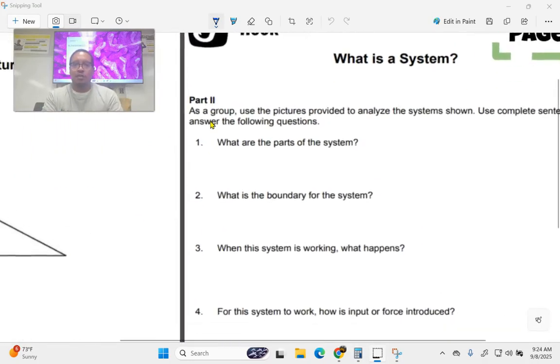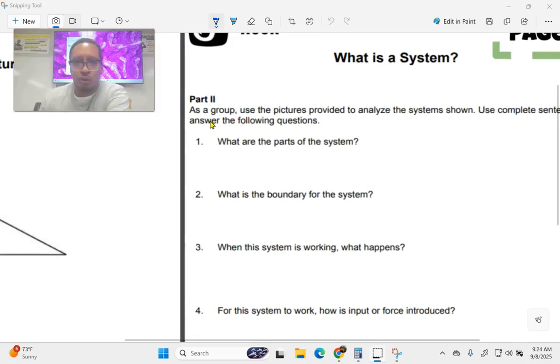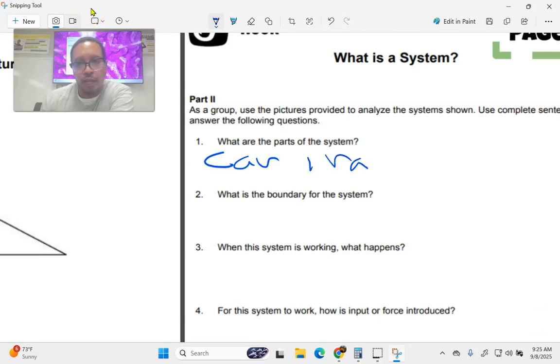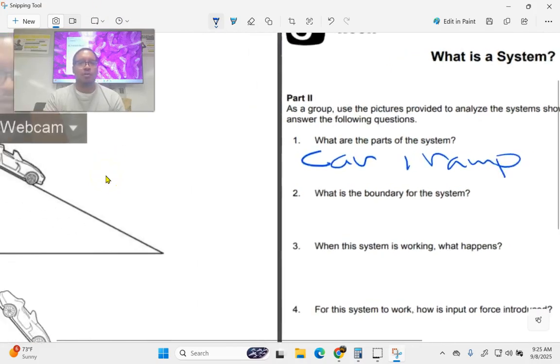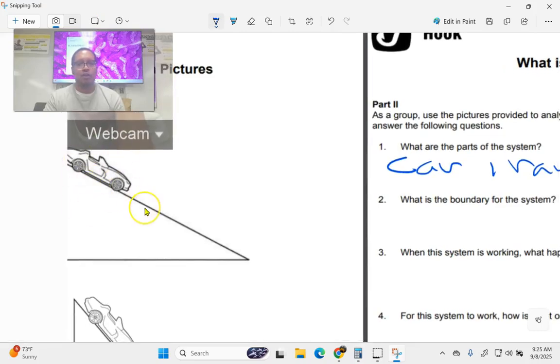So let's go ahead and say, what are the parts of the system? Car. Oops, Mr. Farr's has to scroll back. Car, ramp. That should be probably the easiest part. What is the boundary of the system? Now, here's one thing we're going to talk about before we get there. How did the car get on the ramp?